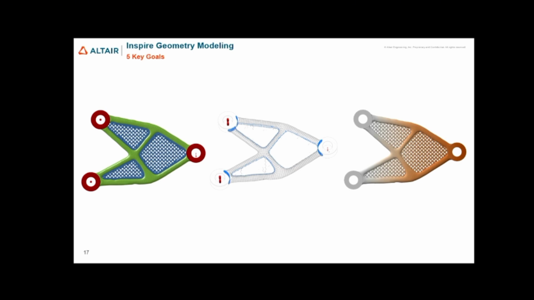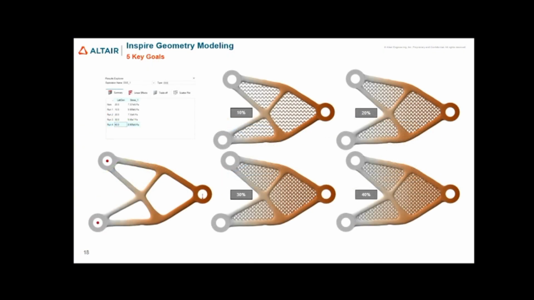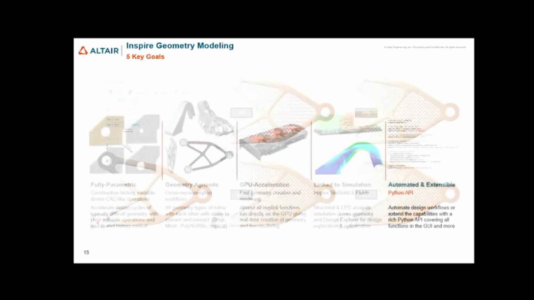And so you can set up your model, put on your boundary conditions, and what's great is that once you have it all set up, it's very easy to assess design variations or optimize for certain responses, such as displacement or stress or mass, or with fluids, you can do pressures or velocities or anything that you can simulate inside of Inspire.